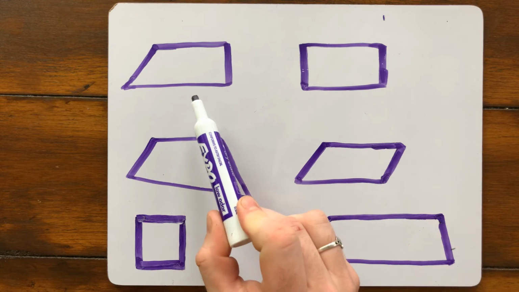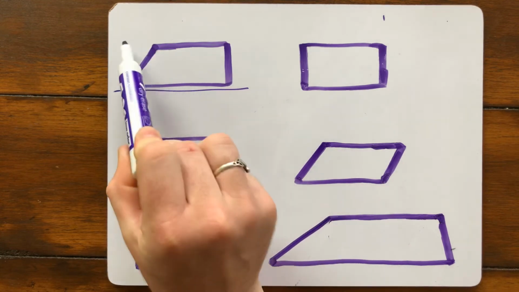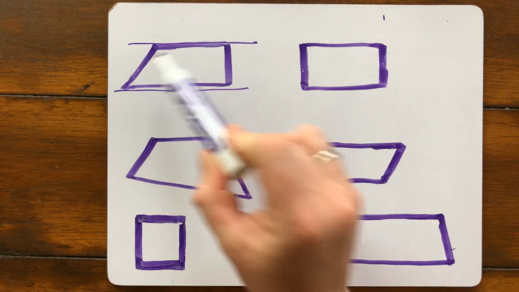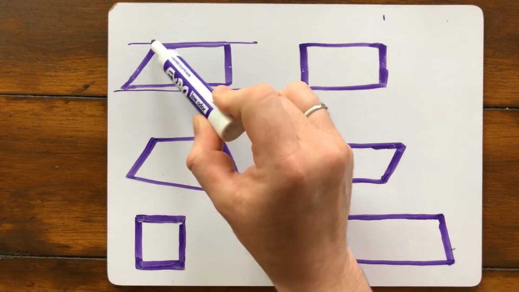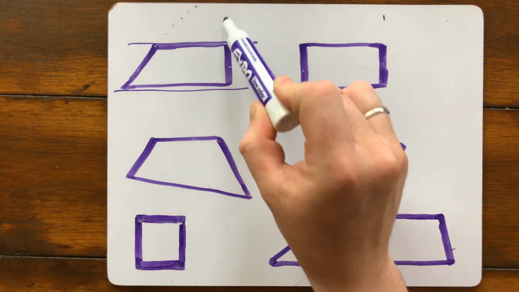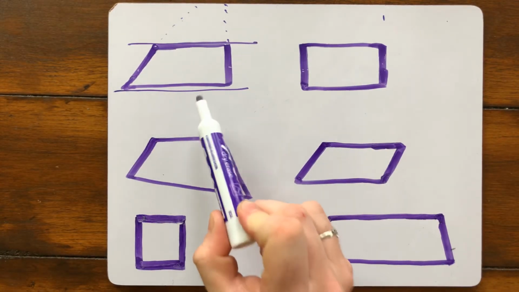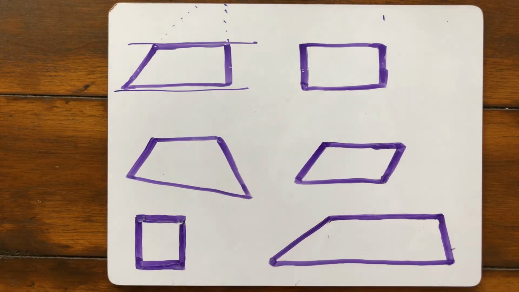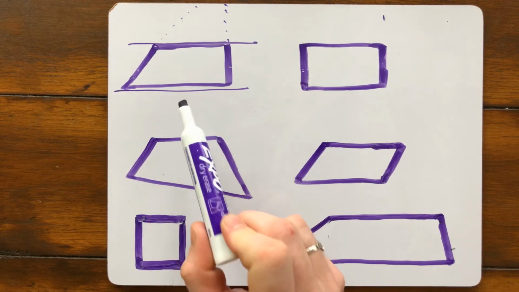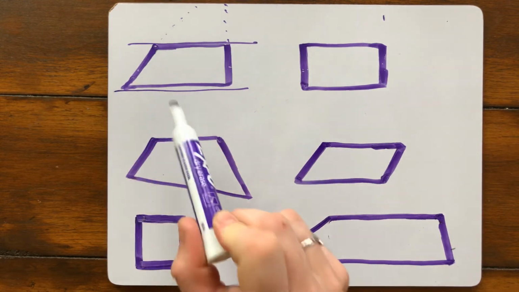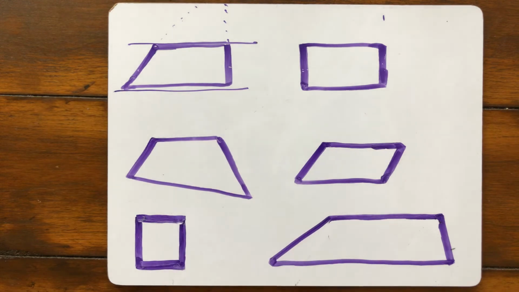This one I see only has one set of parallel sides. These two sides, boys and girls, if you continue them, they will eventually collide, okay? So this is a trapezoid. When you think of trapezoids, you don't usually think of a shape that looks like this, but this still is considered a trapezoid, okay?